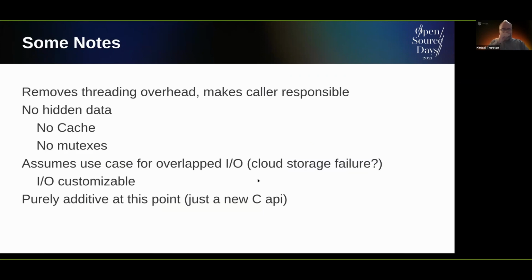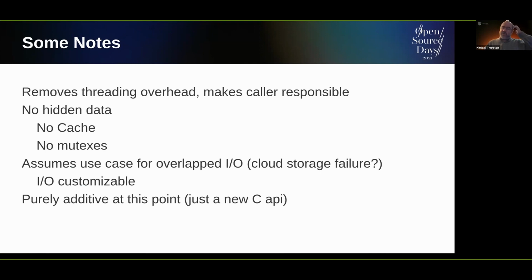Some notes about this. So why have we done this? This removes all of the threading overhead and makes the caller responsible for any of that. The only sort of halfway threading thing that's in here is during writing, there is a mutex that is used to ensure that you're writing things such that it doesn't produce a corrupt file, in terms of making sure that things are happening in the right order.